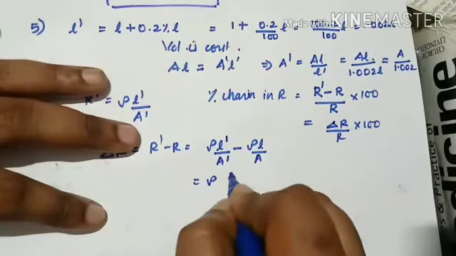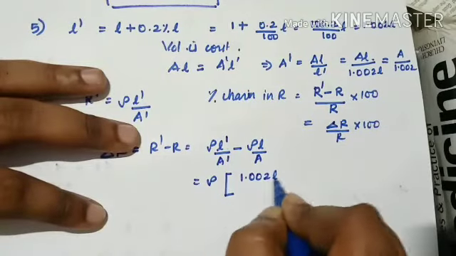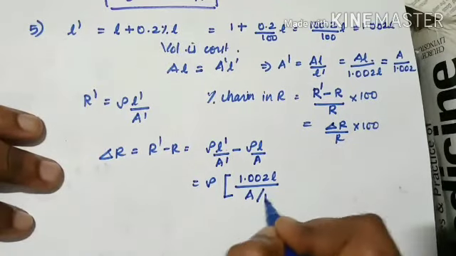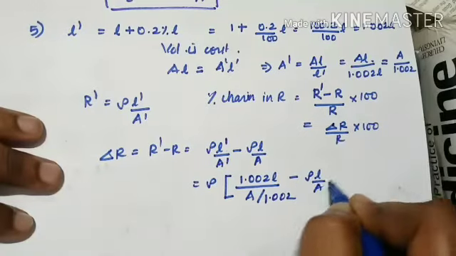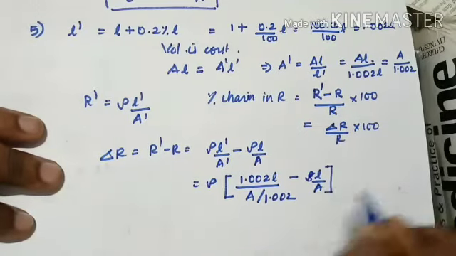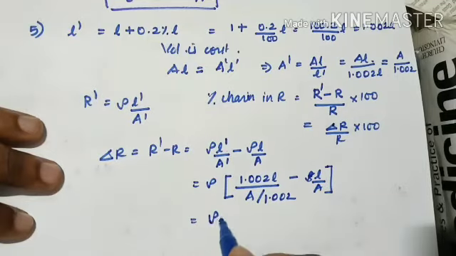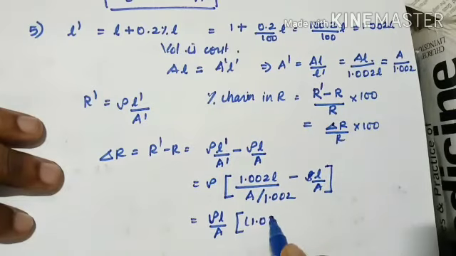L dash is 1.002 L, and A dash is A divided by 1.002, minus rho L by A. Rho is common, and L by A is common, so I take rho L by A. 1.002 goes up, so it becomes 1.002 whole square minus 1.